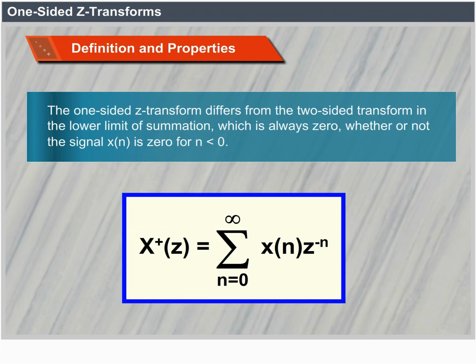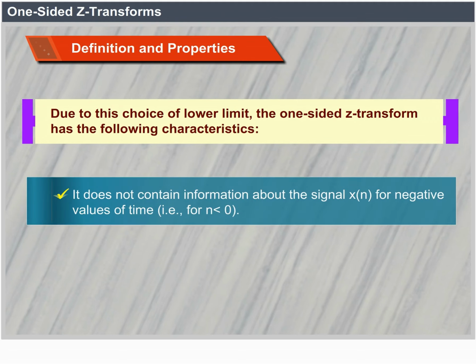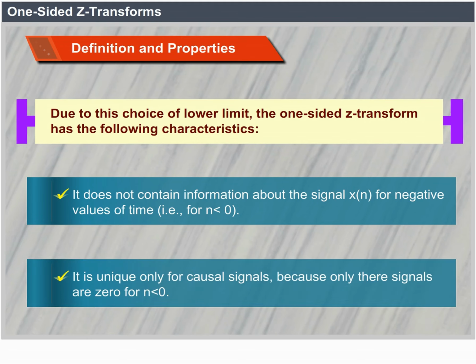Due to this choice of lower limit, the one-sided Z transform has the following characteristics. It does not contain information about the signal x(n) for negative values of time, that is, for n less than 0. It is unique only for causal signals, because only those signals are 0 for n less than 0.